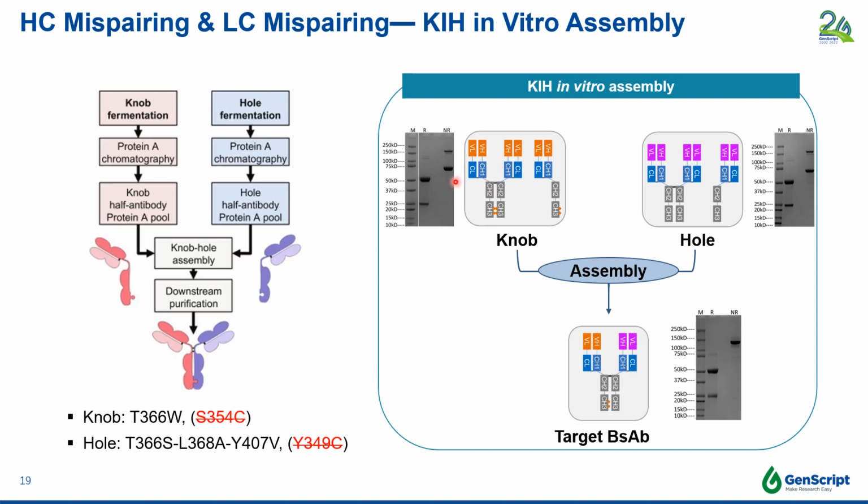You can see half antibody and homodimer. After in vitro assembly, there is only intact target BsAb. One thing to watch out for is using knob-in-hole mutations without additional disulfide bond.